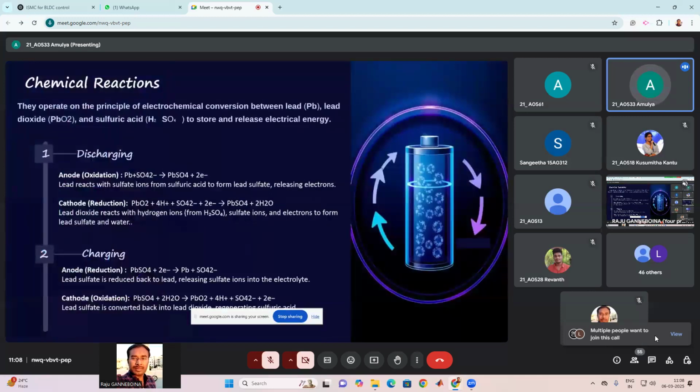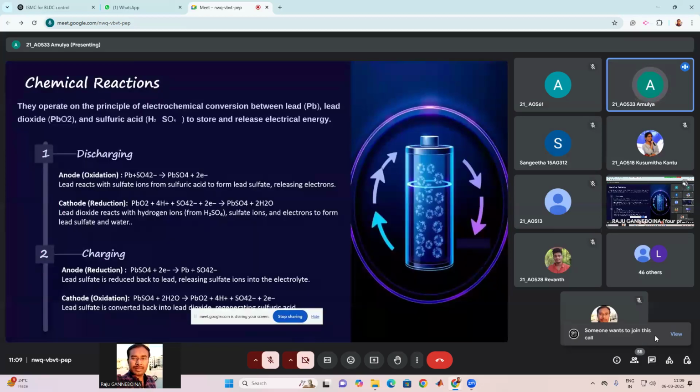These are the possible reactions that happen in lead acid batteries. In the discharging process, at the anode, lead and sulfate combine to form lead sulfate, also releasing electrons. At the cathode, reduction happens, where lead oxide combines with sulfate and electrons, forming lead sulfate.